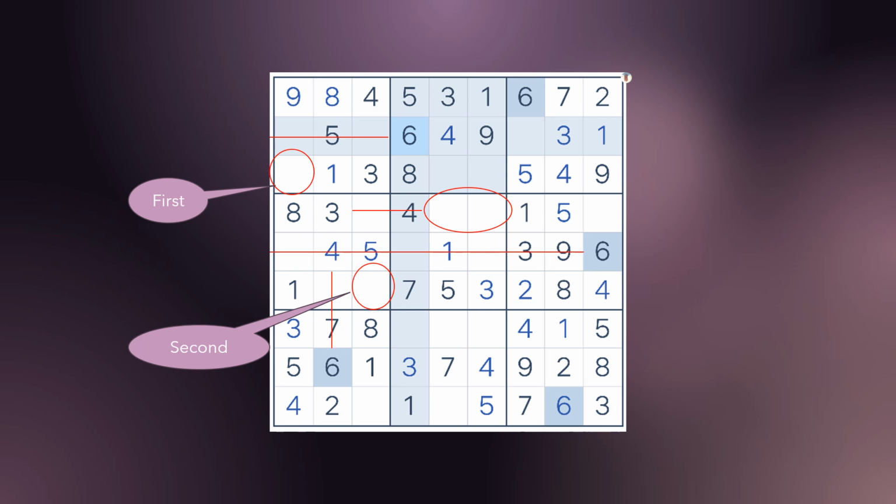Working on the 6s, the red circle labeled first can be realized using the red line from the 6 to the right. The center middle square, top row, has an elongated red circle. It must contain a 6 because of the 6 to its right.